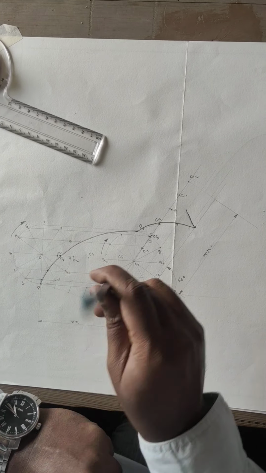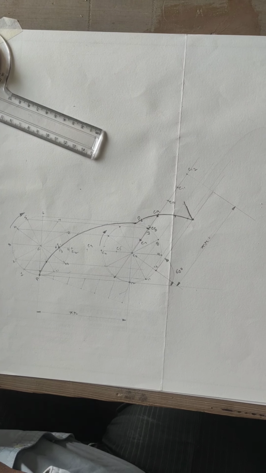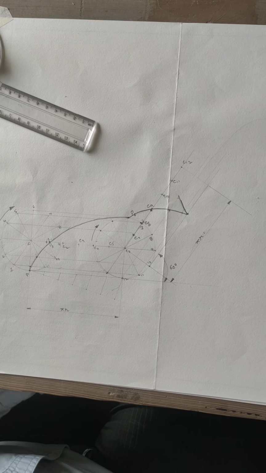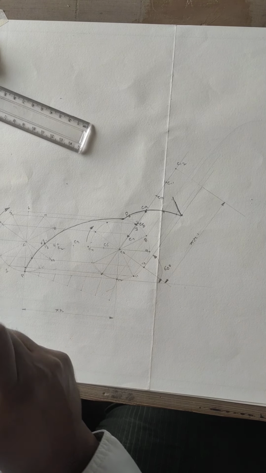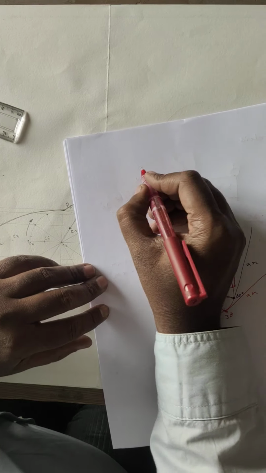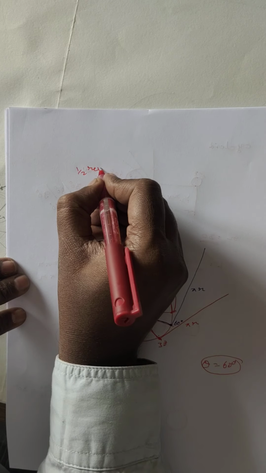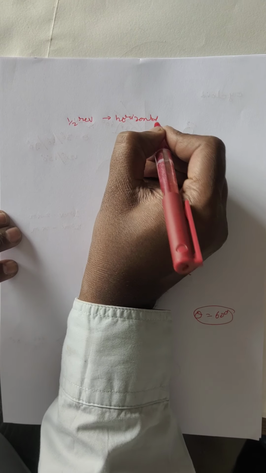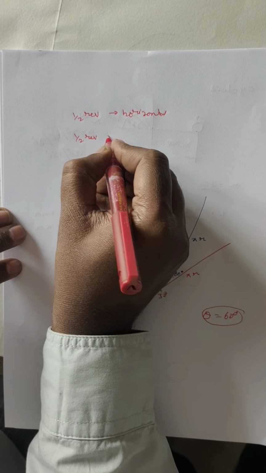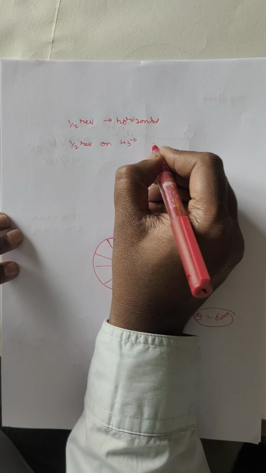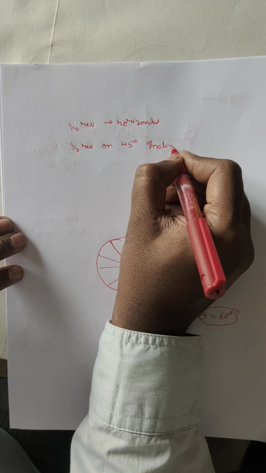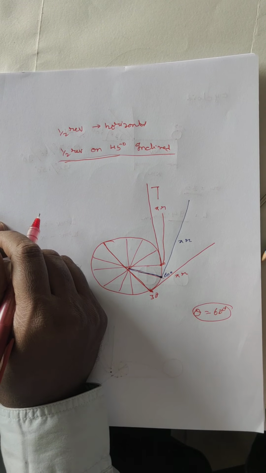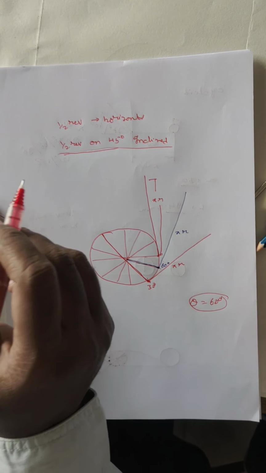This is your question. Now here I am going to give one question in the video. Whoever knows the answer, send it directly to me or in the comment box. So if it rolls half revolution on horizontal and half revolution on 45 degrees inclined, how do we solve this problem?